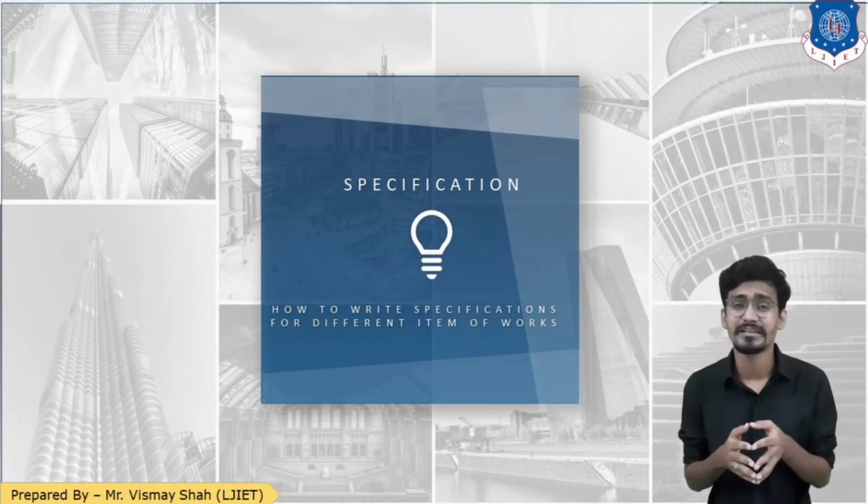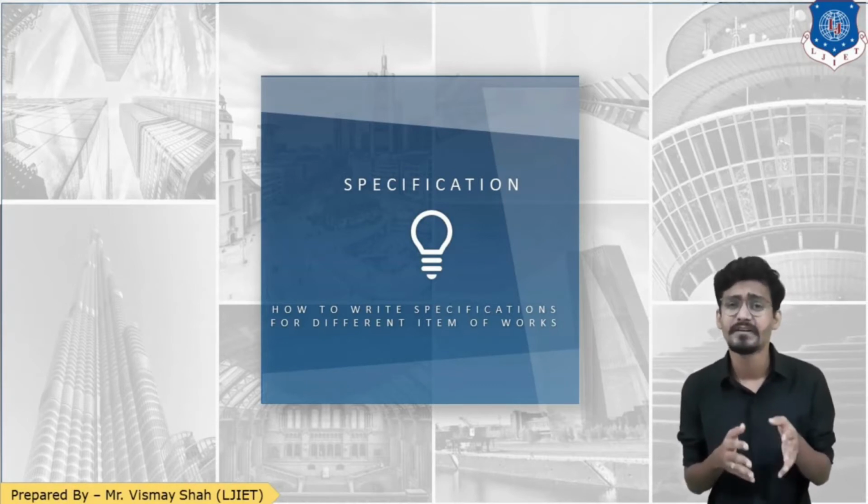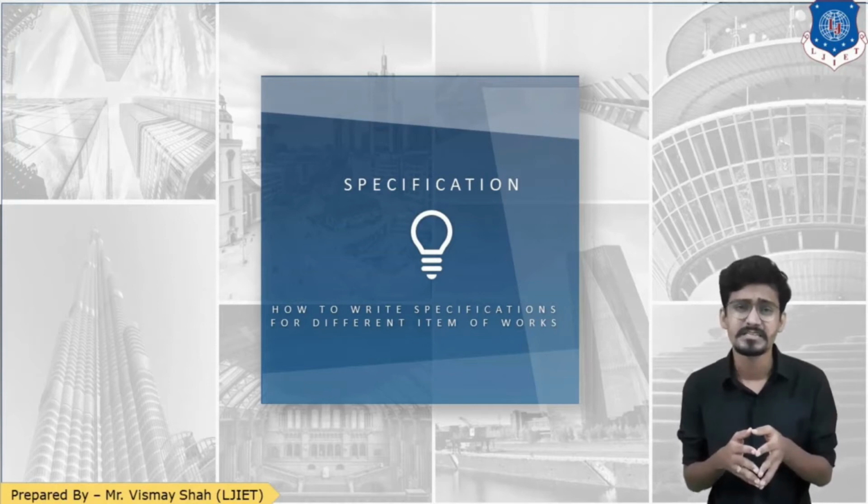We have also learned about standard specifications prepared by the state public works departments or the central public works department and printed in a book named standard specification or detailed specification. So that was what we discussed in the first session of the lecture series on specification.